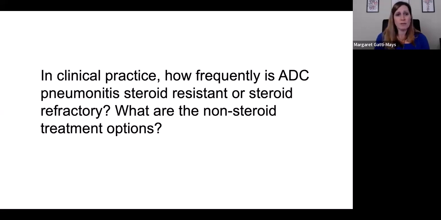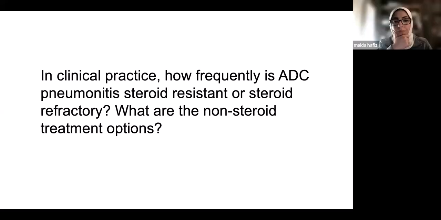And so, especially with those lower grade pneumonitis, it may take a little bit longer to get them off the steroids and before you really feel comfortable resuming.